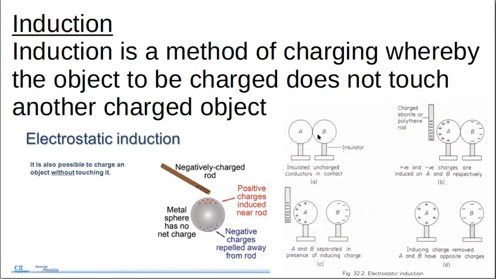Okay, these two spheres are on insulated stands, but there are conductors up top here, and here are insulators. And the reason there's an insulator here is if there isn't an insulator here, any charge that ends up on here flows down into the table. So here we've got two spheres with equal numbers of protons and electrons, and then here comes a rod with a negative charge on it.